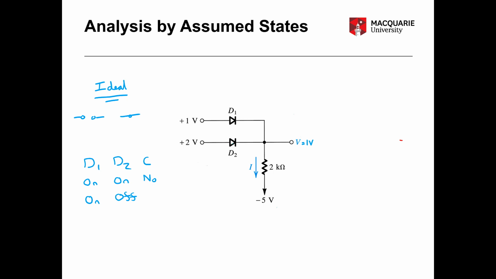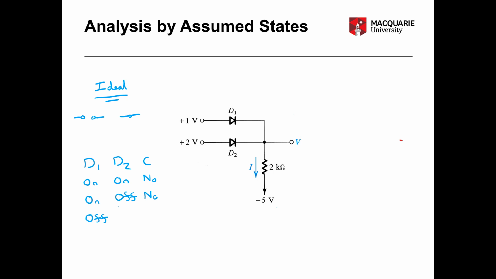But if we look at our circuit, we see we have 2 volts on the left side here of D2 and 1 volt on the right hand side. So that diode must be under forward bias. So that's inconsistent with the need for it to be under reverse bias for it to be off. That diode must be on. So we make another assumption.